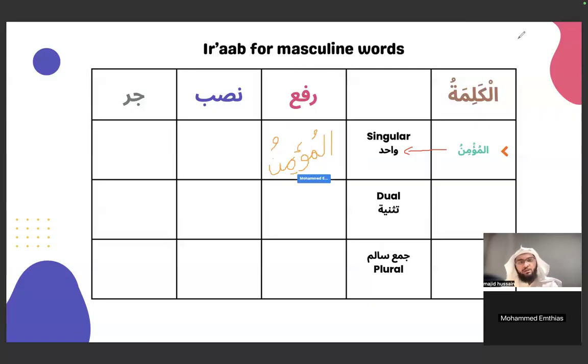Okay, mashallah. Al-mu'min. And in the state of nasab?